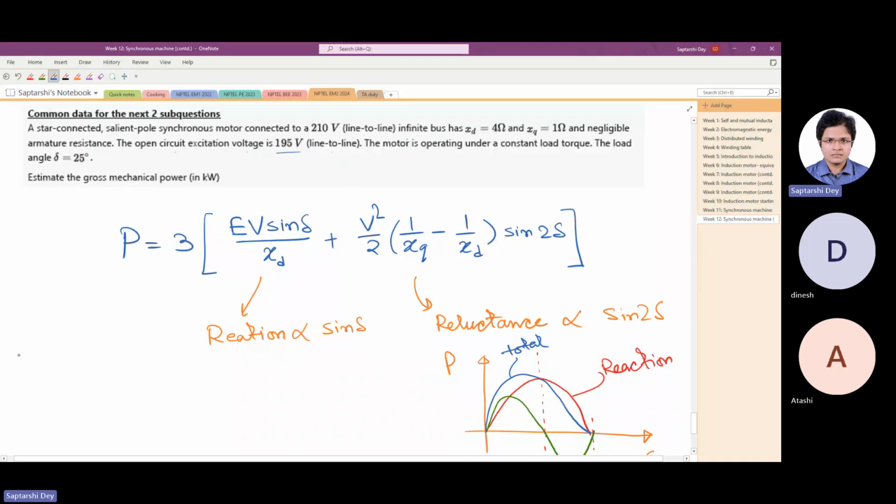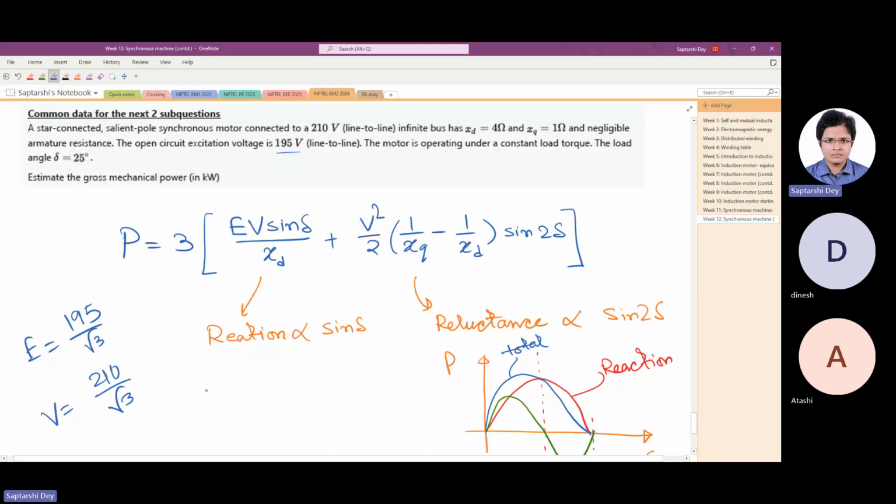So basically just convert E and V to phase voltage. Everything else is given. The load angle is also given.